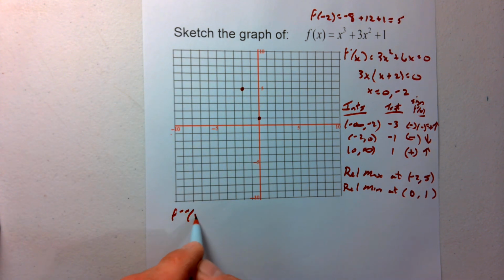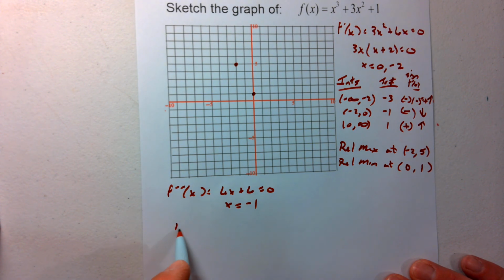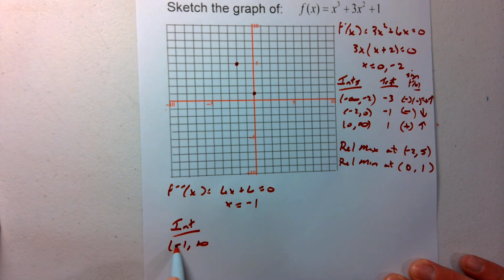My second derivative, I'm going to go ahead and find, which is 6x plus 6. Set that equal to 0, so x equals negative 1. So my intervals for concavity are negative infinity to negative 1, and negative 1 to infinity. Testing, we get negative 2, and we get 0.